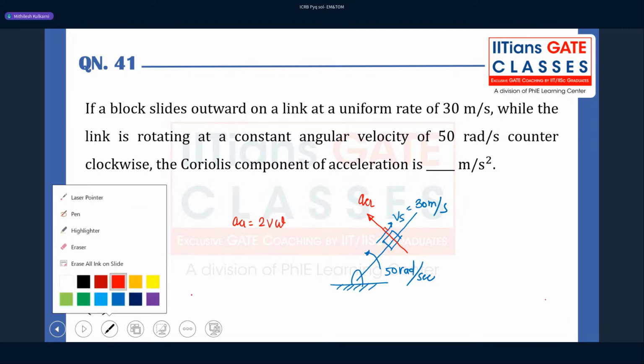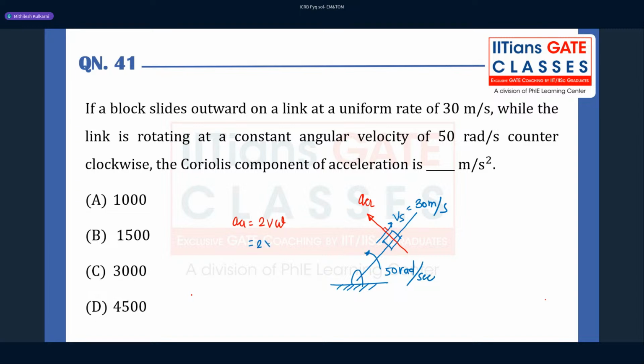In this case, 2 is constant, the velocity of the slider is 30, omega is given as 50. All the units are in standard format, so we can directly put the values and get the answer. You will get 3000 meter per second square. Hence option C is correct in this case.